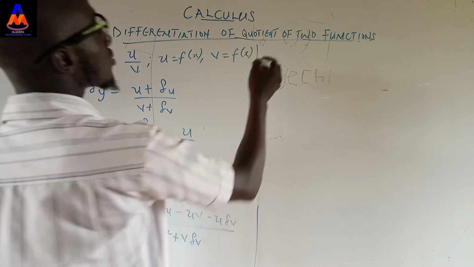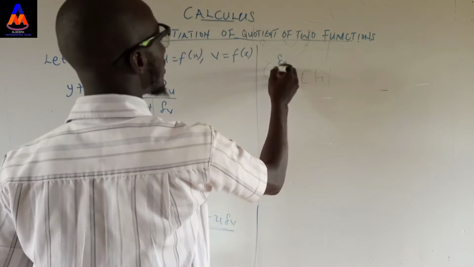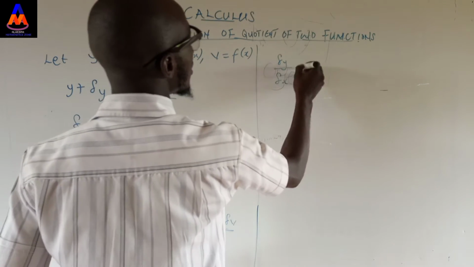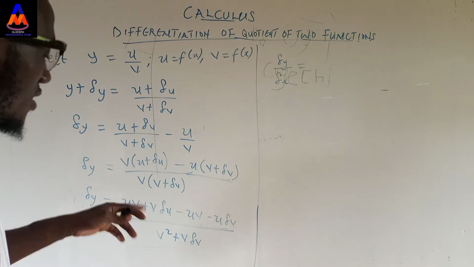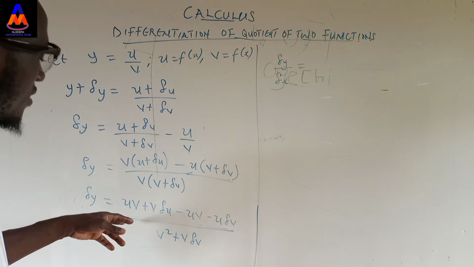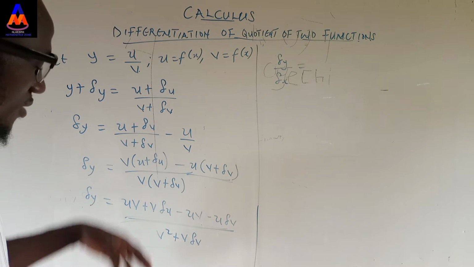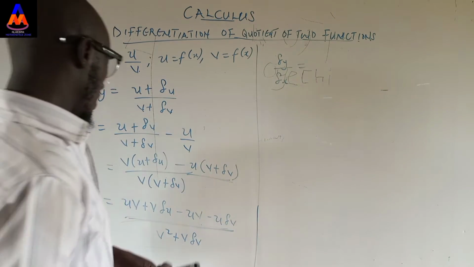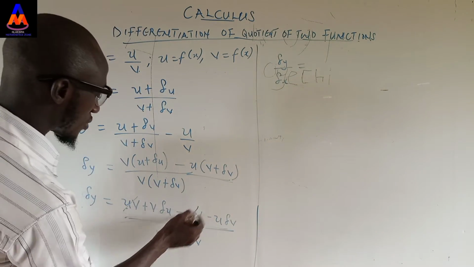Then we can say this is change in y over change in x. You divide each of the entities that depend on x by change in x. Then the uv terms cancel themselves.